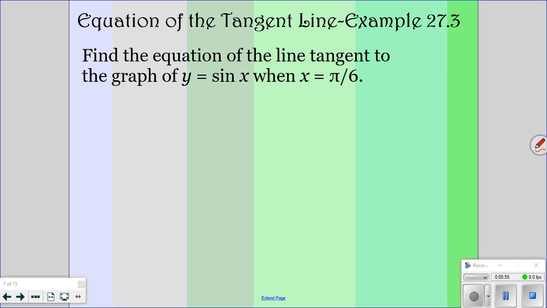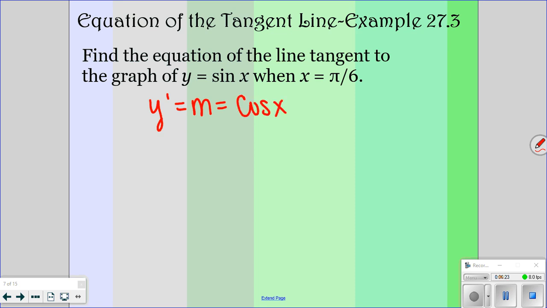We want to find the equation of the line tangent to the graph of y equals sin x when x is pi over 6. So first off, we need to find our derivative, which is your slope. So the derivative of sine, anybody remember what it is? Derivative of sine is cosine.